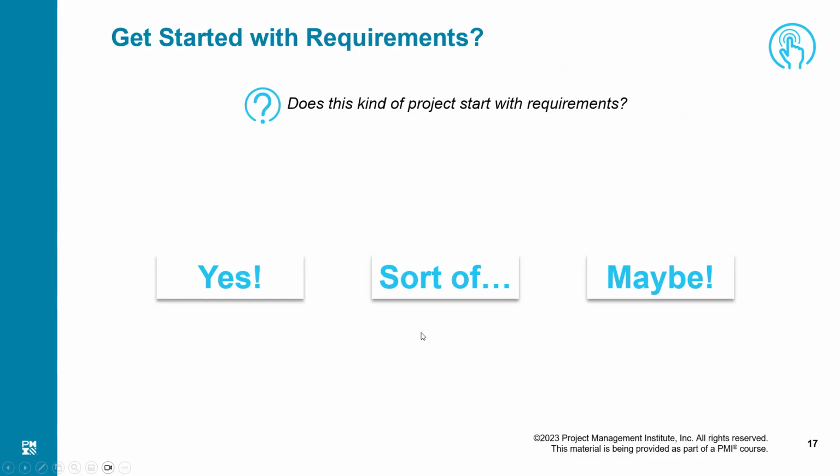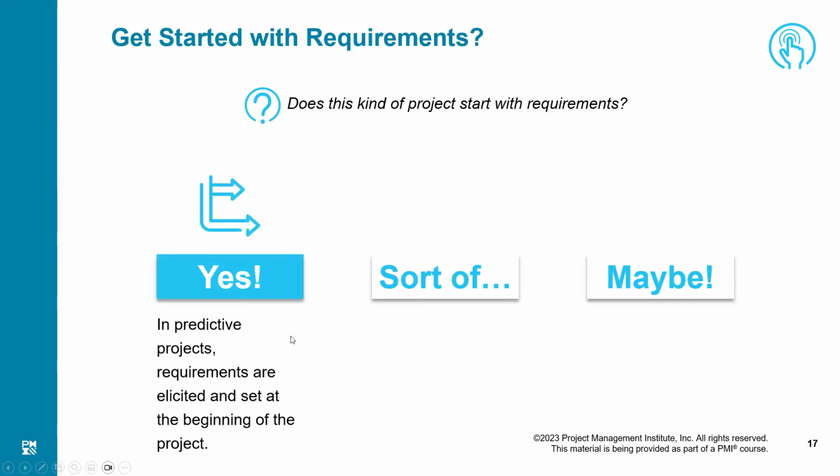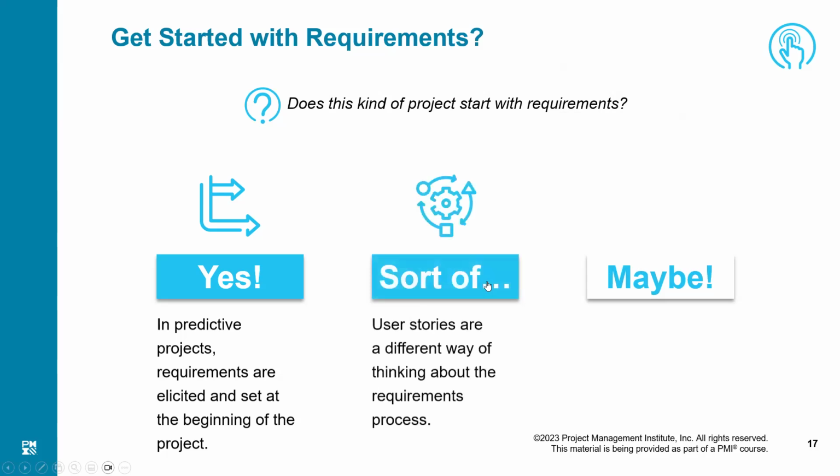Okay, tell me which kind of project starts with requirements? Predictive. In predictive projects, requirements are elicited and set at the beginning of the project. What about user stories?